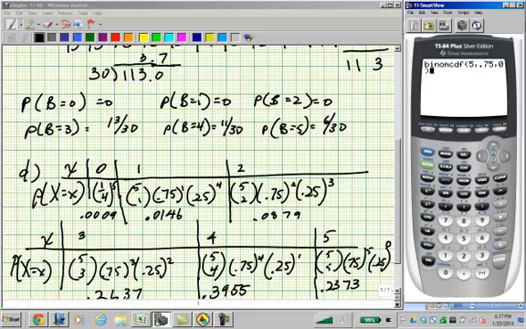So here's the probability that I get 0 out of 5, and you can see that's 0.0009. You could call it 0.001.